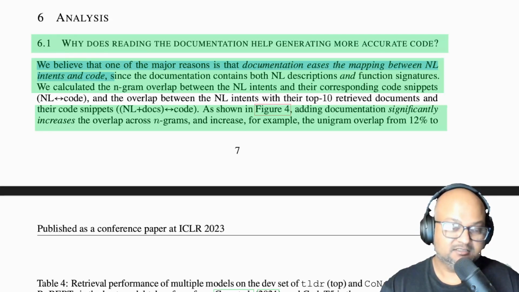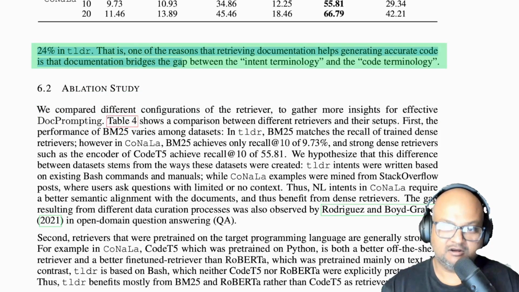And all that is really rich context, and that shows up in the improved quality of the suggestions. As they put it over here, the documentation bridges the gap between the intent terminology and the code terminology.